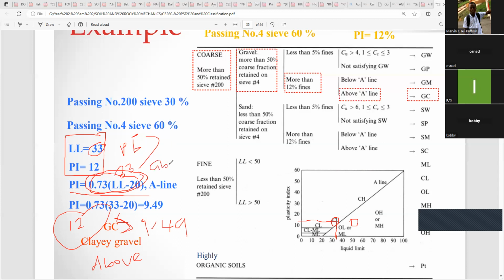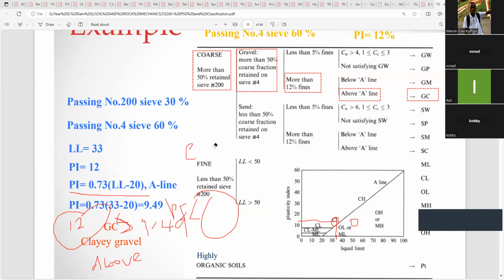And if it becomes less than that, it will be below. If the PI becomes less than your calculations, or in other words, if your calculations become more than the PI, it means that it is below the A line. Is that okay? Yes, sir. Thank you very much.